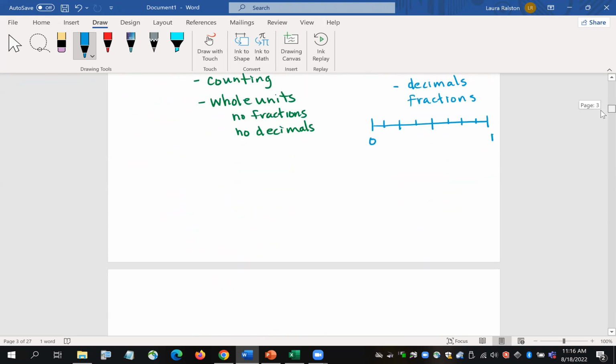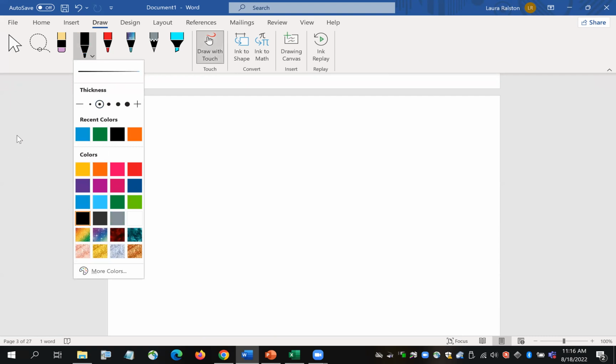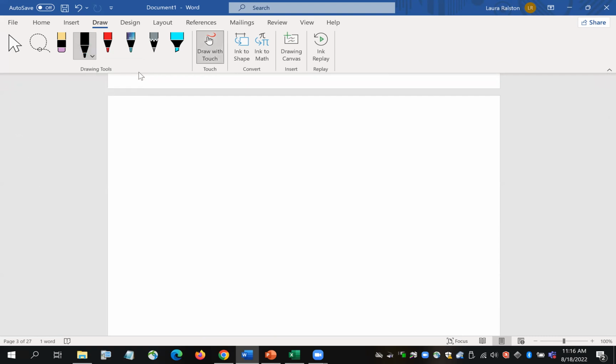Okay, another way that we measure or classify data is by what we call the level of measurement.